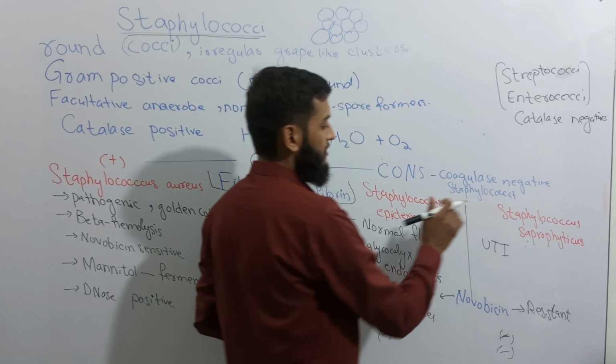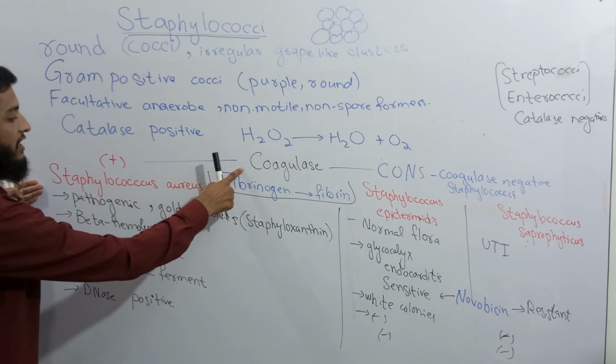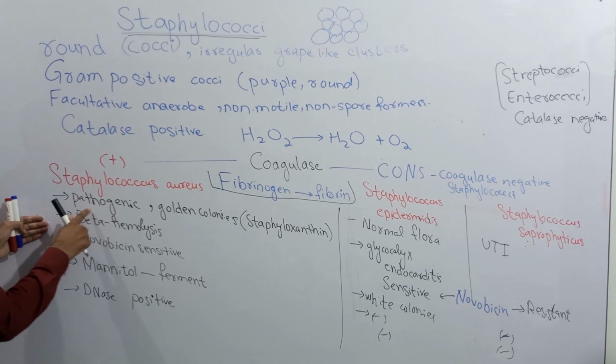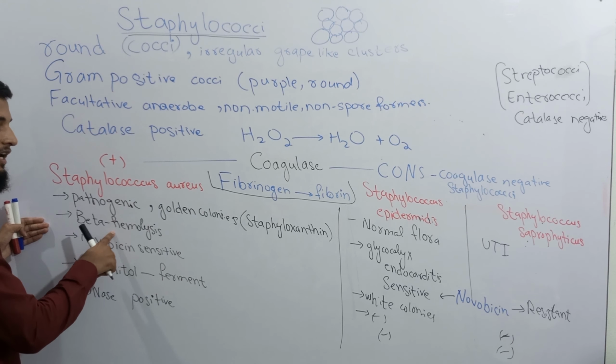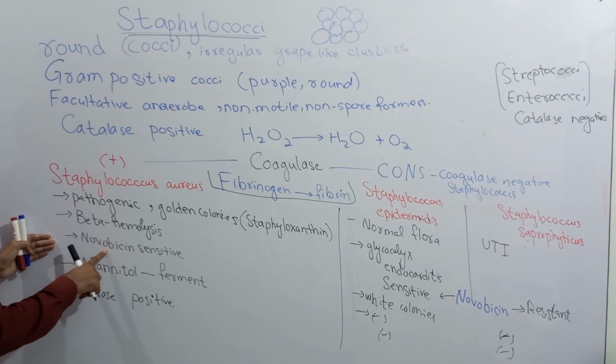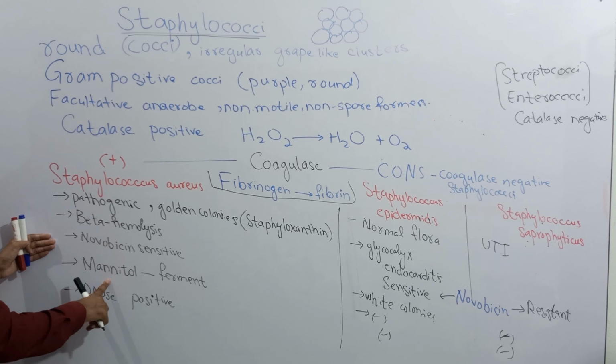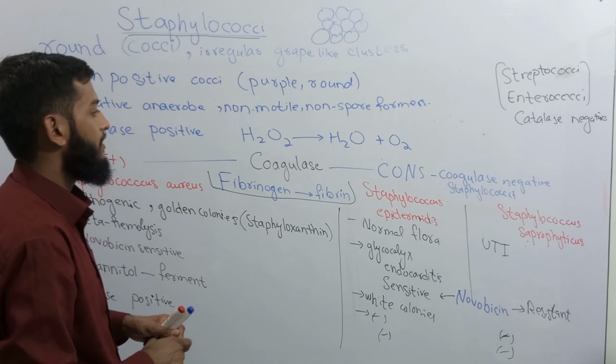Staph aureus is a gram-positive cocci, catalase positive, coagulase positive, pathogenic bacteria, produces golden color colonies on agar, causes beta hemolysis on blood agar plate, is novobiocin sensitive, a mannitol fermenter, and DNase positive.